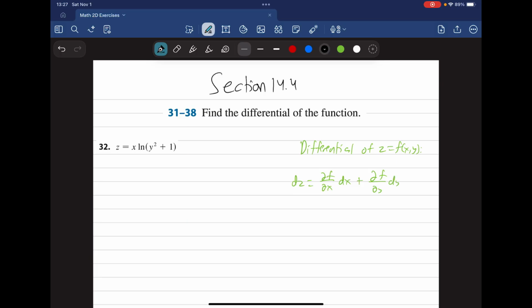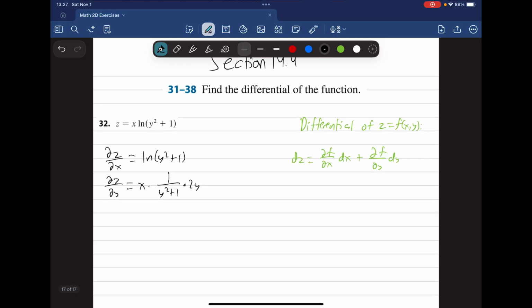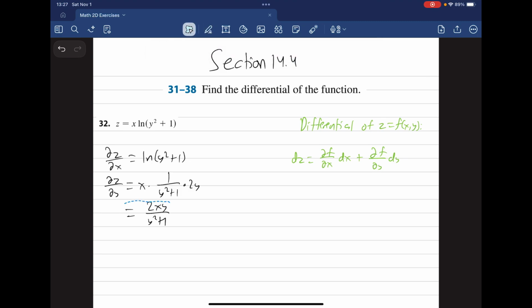So once again, we need to calculate some partial derivatives. Partial z with respect to x is just ln of y squared plus 1. And partial z with respect to y is going to be x times 1 over y squared plus 1 times 2y by the chain rule, which we can simplify to be 2xy over y squared plus 1.